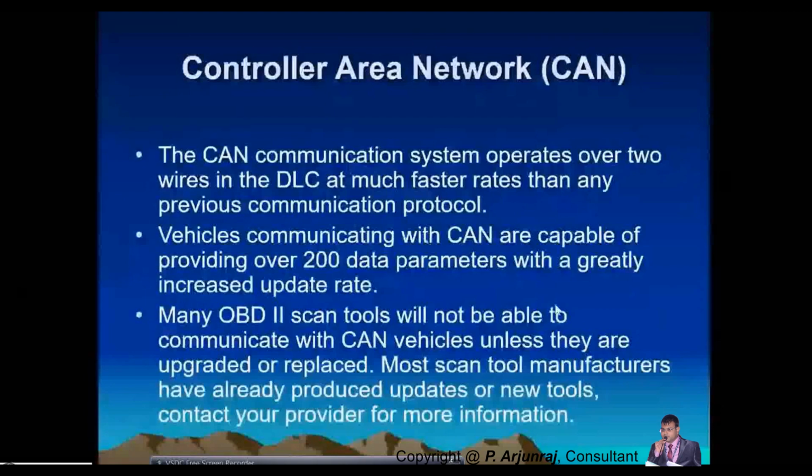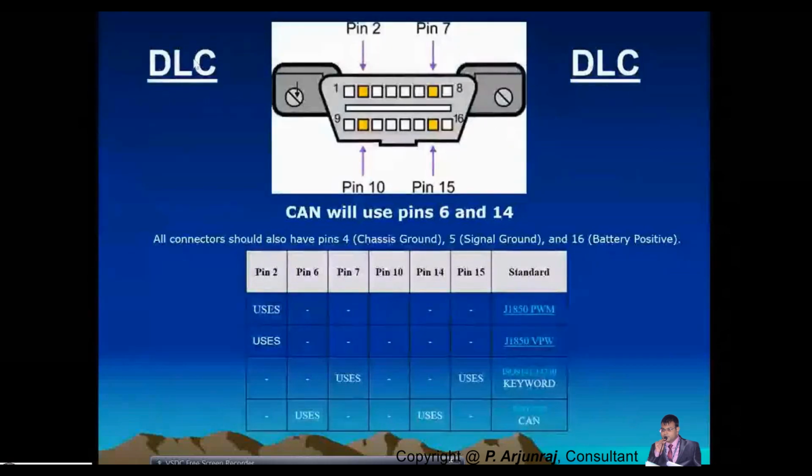In the case of a vehicle which has more than 200 data points, it will monitor and give you the results using the controller area network. This is the DLC, which stands for data link connector. This is the configuration of the controller area network, which uses different pins.